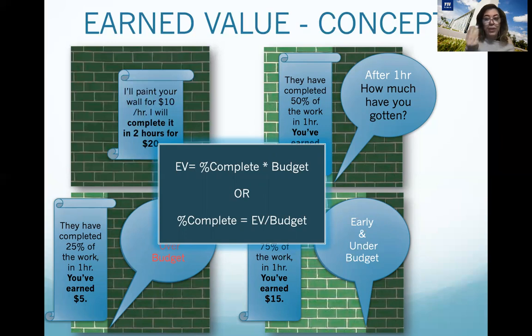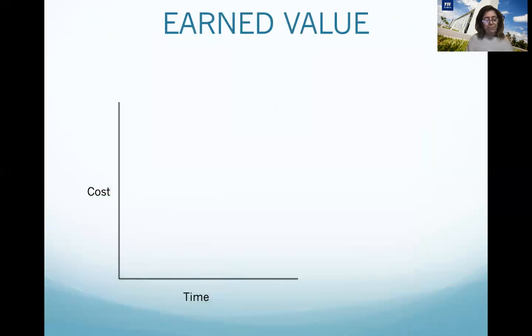Or, very clear from this formula, the percentage complete equals earned value divided by budget. This is just for your information. If you see something like this in the exam, it is straightforward. Just define the 3 dimensions: the earned value, the planned value, and the actual cost. So let's see here. This is a tricky question for the exam.